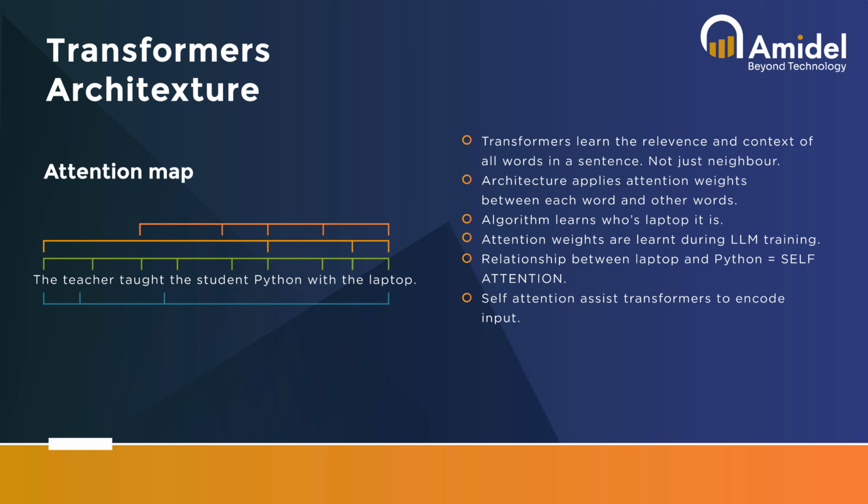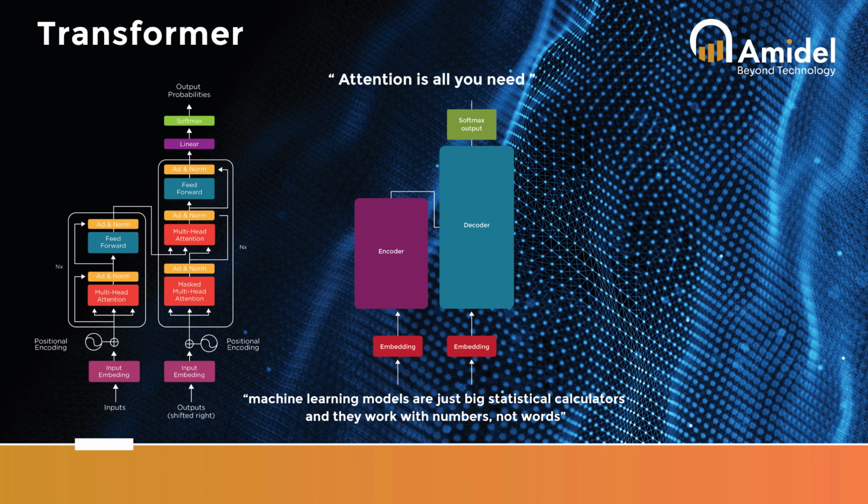So I'm going to show you how transformers work, right? And this is a really detailed diagram of how transformers work. But essentially, they pay a lot of attention to each word in the sequence. And Google has a nice saying, attention is all you need.